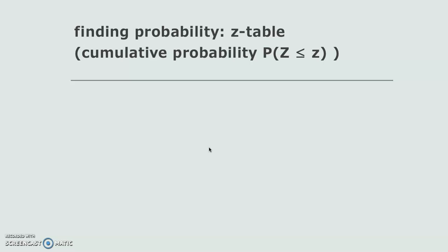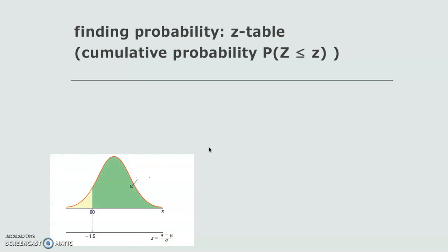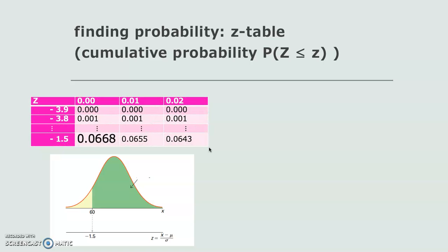From our case, we got z equal to minus 1.5. Here, I duplicate the z-table. We match minus 1.5 on the z column with 0.00 on the z row to find a corresponding probability of 0.0668.